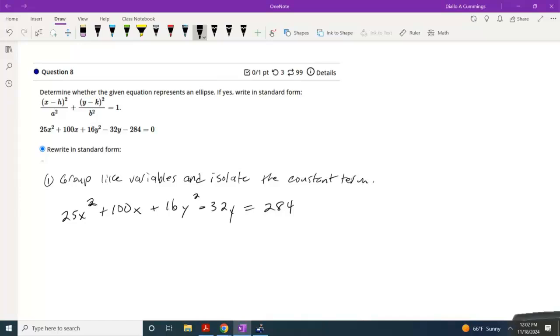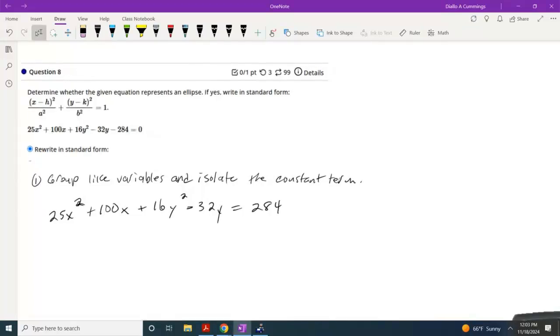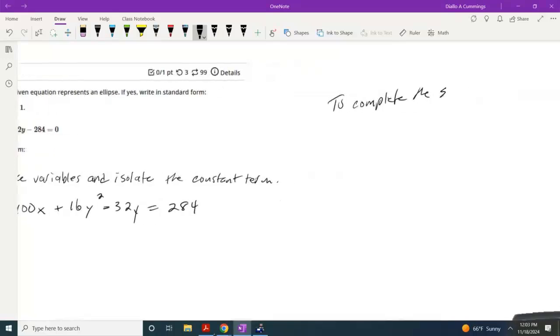When you complete the square, you have to have a certain form. You must have the squared term and the first degree term. What's implied in this is that the coefficient of your squared term must be 1.